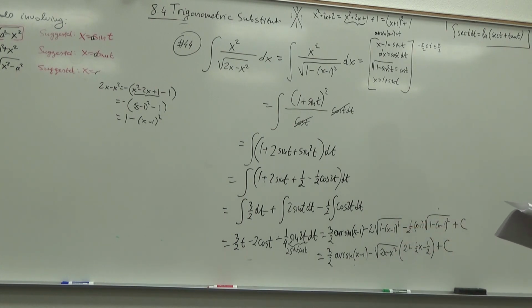And let me see why. Oops, I made an error in my notes. Actually, I traded sine squared z for 1 plus cosine 2z. No, this is correct, actually. Please correct that in the notes.